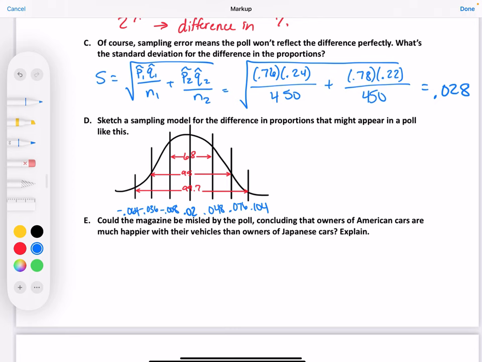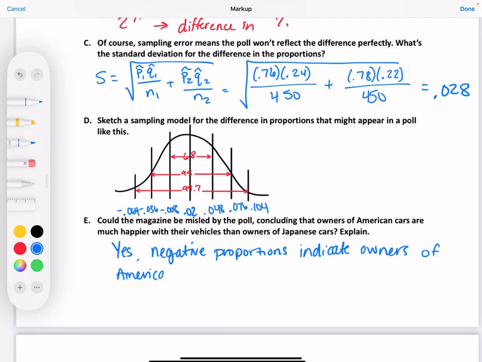So yes, because of these negative proportions, because they indicate owners of American cars are happier than owners of Japanese cars.